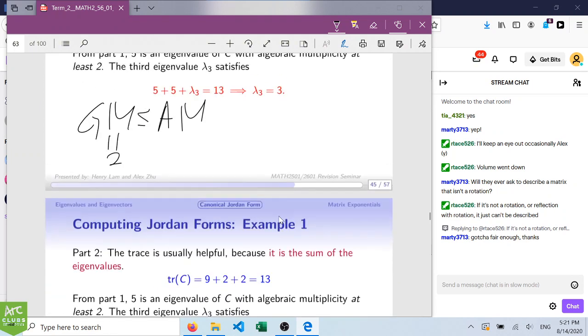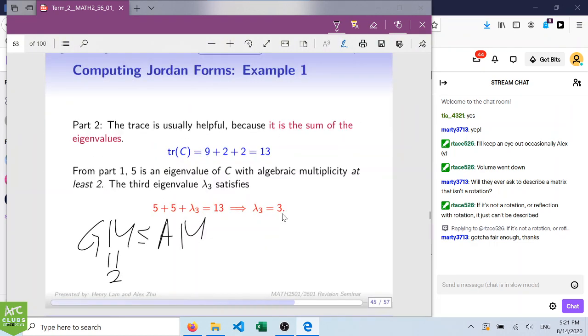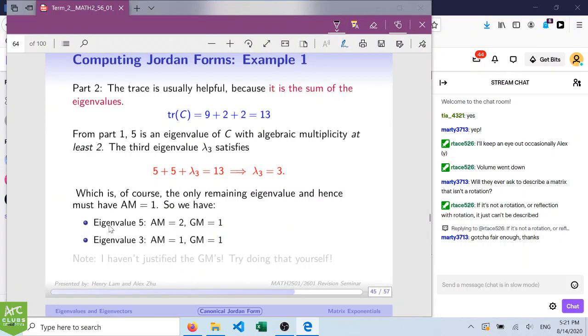And so using that property, using 3 over here, we can end up with eigenvalue of 5, AM is 2. Now GM is in here.